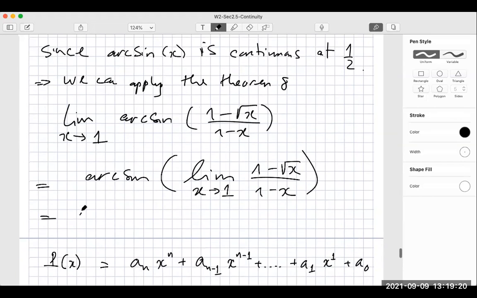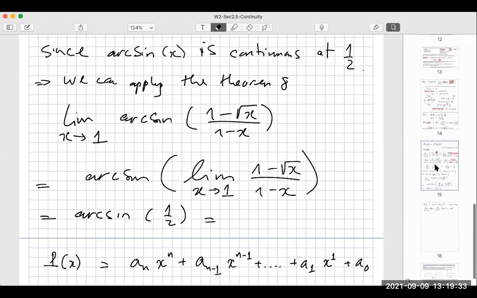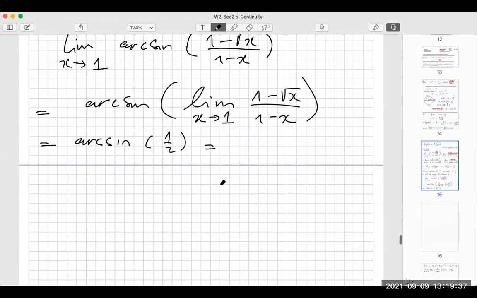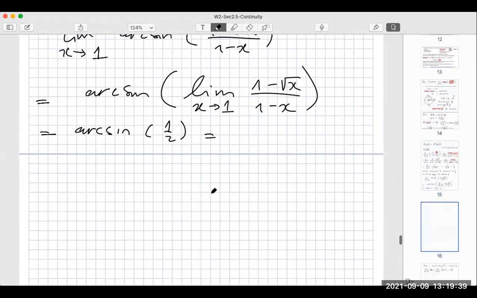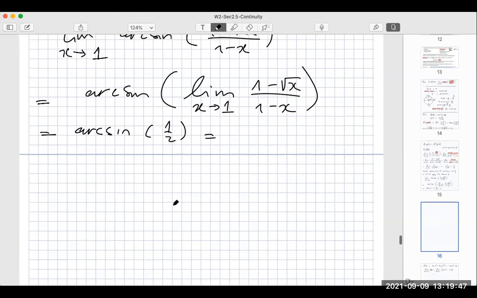Which is the arcsine of 1/2. Thank you. Yes, very good. One half, 30 degrees, yes, pi over 6. Good job.